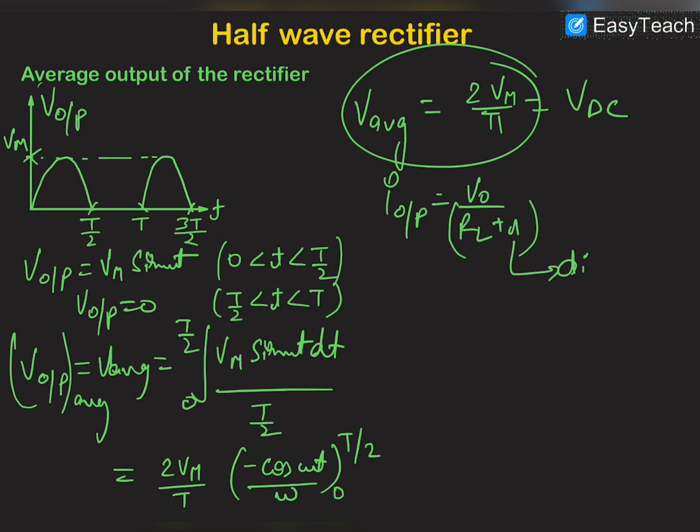This is diode resistance, and this will be sine omega t. So this is the peak value of output voltage.